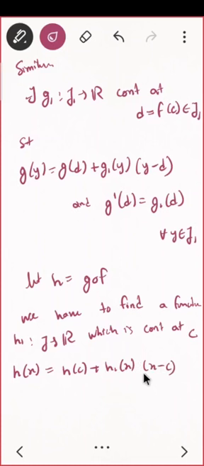This is what I want to prove. But what does h of c mean? It is the same as g of f of c, plus h1 of x into x minus c. Now the main important thing is you need to guess this h1. So let us consider h of x and try to see how you can guess that.